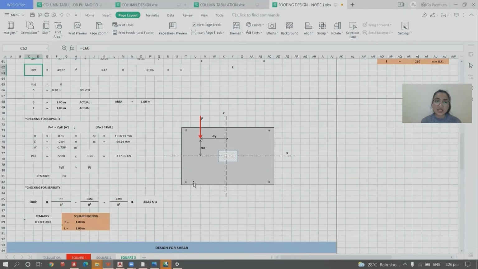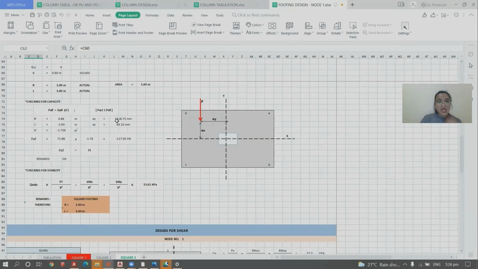Then check for the capacity. P all equals Q all times area. If P actual is less than or equal to P all, then the remarks is okay. So for B prime equals 0.86, then L prime is negative 2.04.